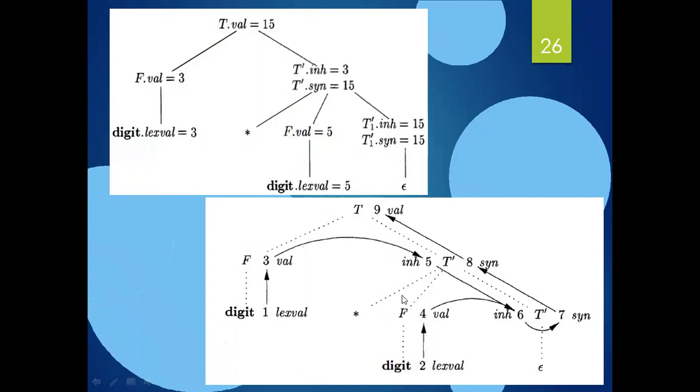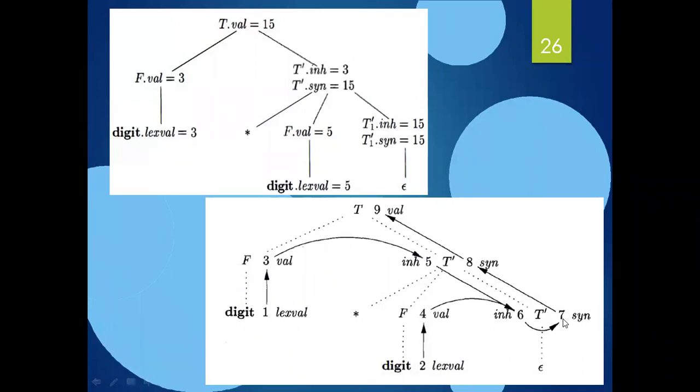If you recall the definition of the inherited attribute, the value is computed from the parent or from the siblings, and here we are implementing that. This is the 6, and whatever value I computed here is assigned to the T dash, and that is the seventh evaluation order. Now the inherited attribute is completed.